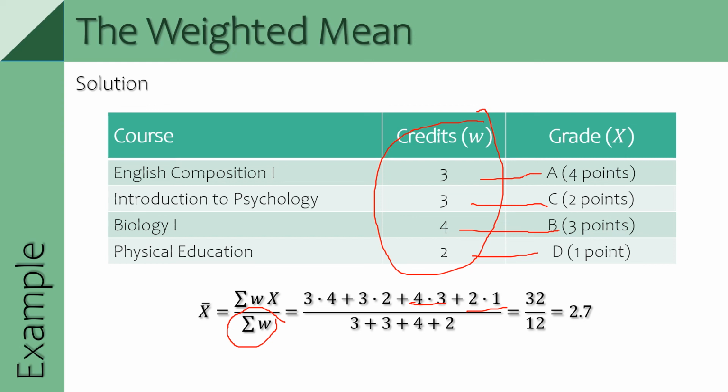So we have here 32 over 12, and that is equal to 2.7. So that 2.7 is the average grade point of the student, or the grade point average of the student is 2.7.